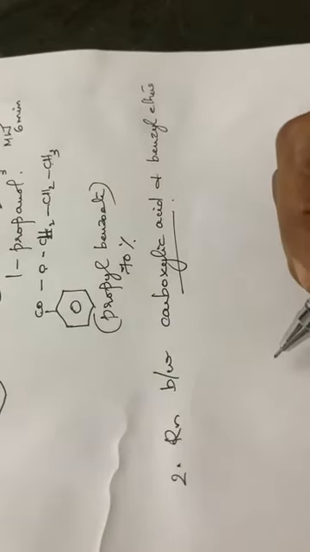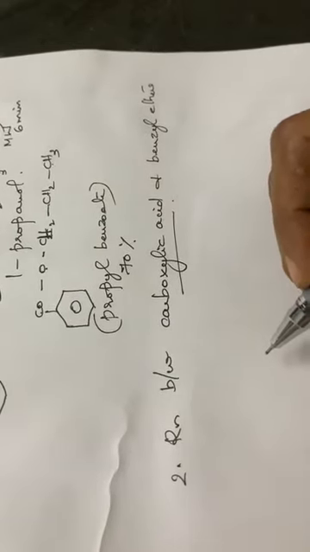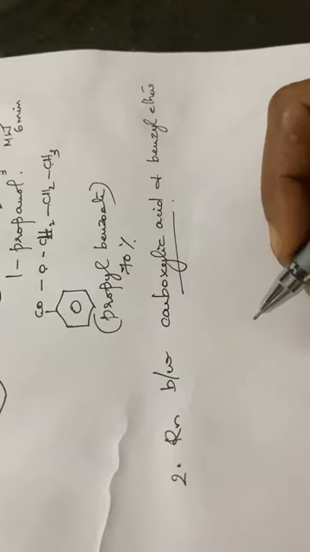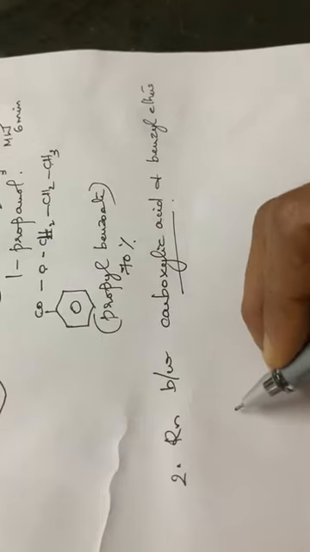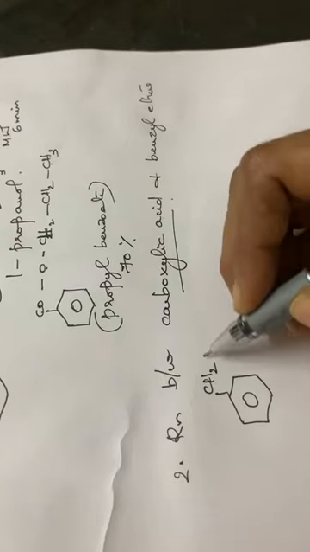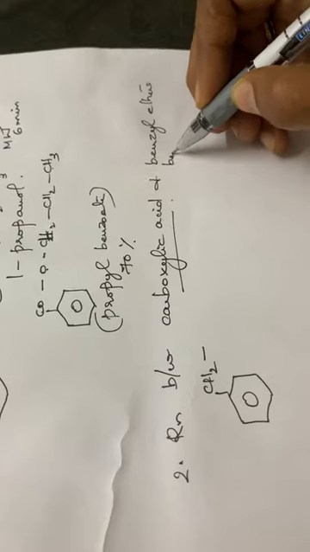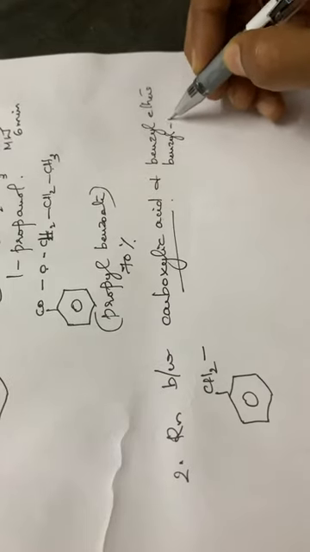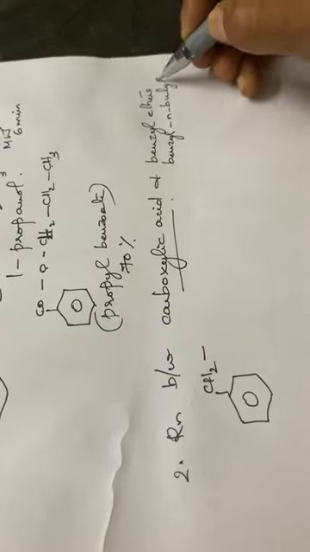So here benzyl ethers are used, that means benzyl n-butyl ether is used. See, benzyl n-butyl ether, the structure will be like this. This is benzyl group, C6H5CH2. Then we have to write the ether. So here we are taking benzyl n-butyl ether.